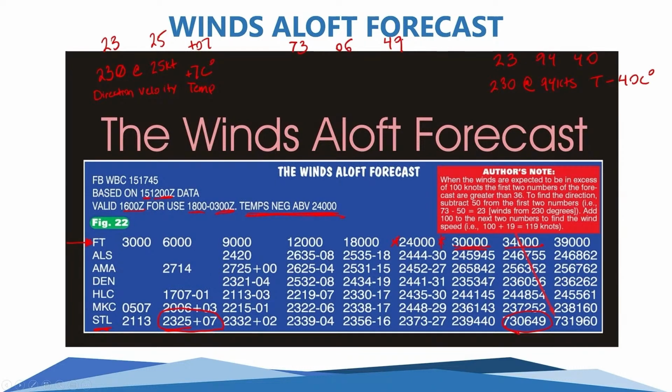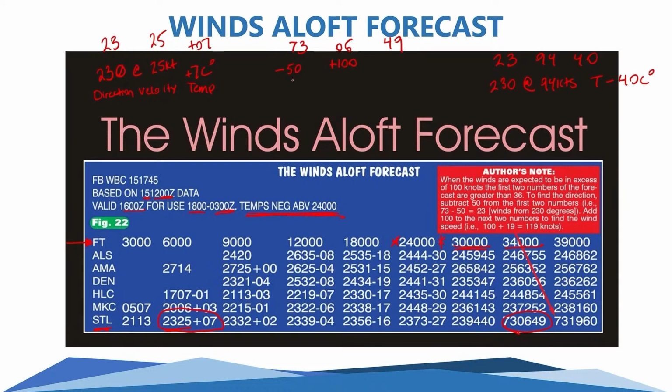Okay, so I can't just add a 0 to 73 because there is no such direction of 730, right? We only are basically between 1 and 360 degrees. So very simply, what you have to do, and this is just a rule that you need to memorize, is you're always going to subtract 50 from the first number, and then you're going to add 100 to the second number.